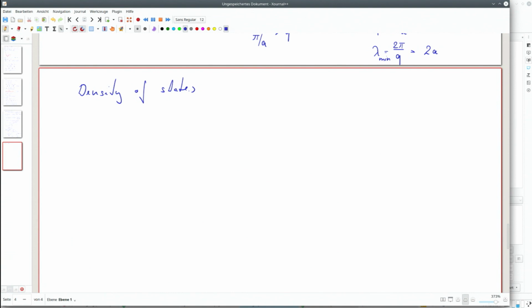We have our dispersion relation given by this sine function here. Now you might ask, how many of these different possible frequencies or vibrations do I have in a certain interval?